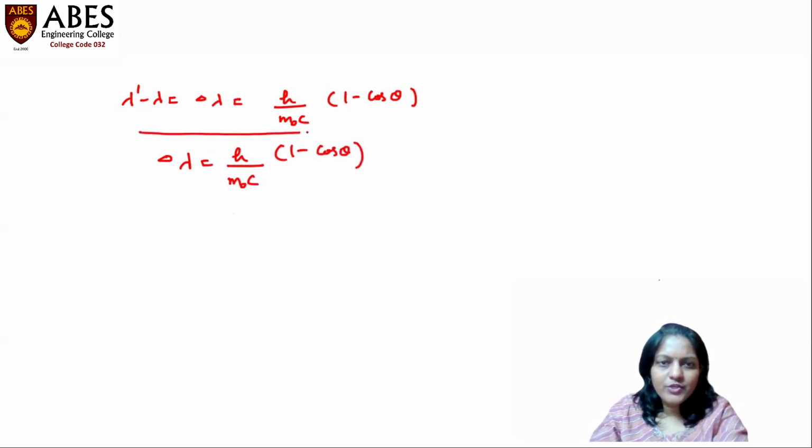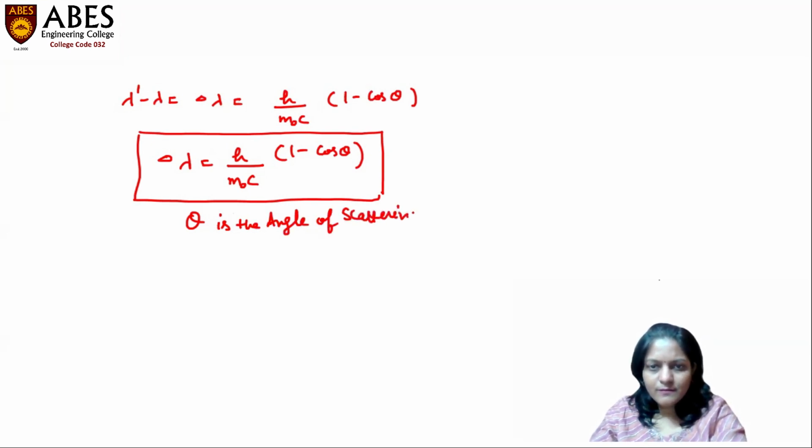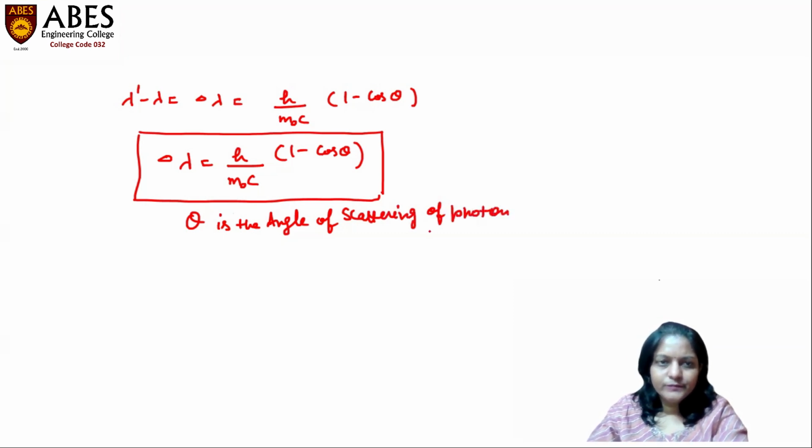This is the expression for Compton shift. Theta is the angle of scattering of the photon.